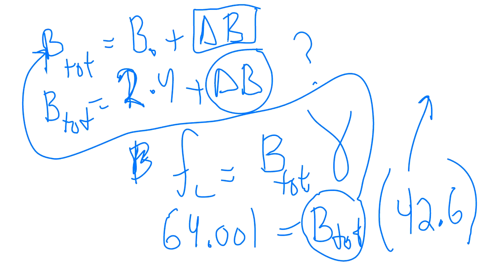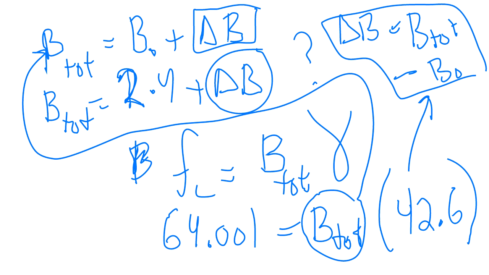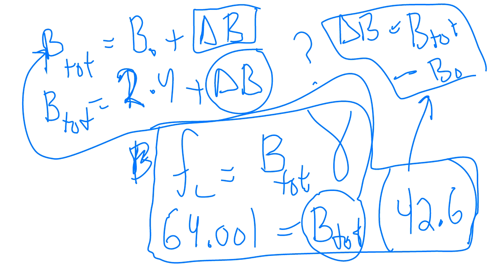So the gradient field delta B will be equal to B total minus B0, and B total I calculated from the Larmor equation, knowing gamma is a constant and B total is the one I need to calculate.